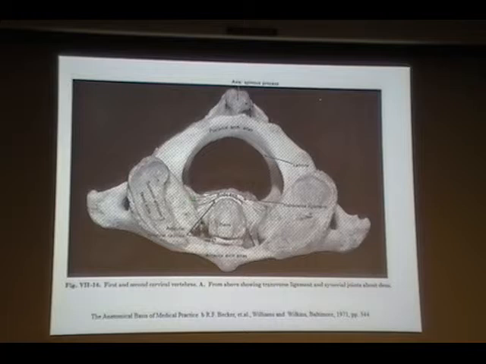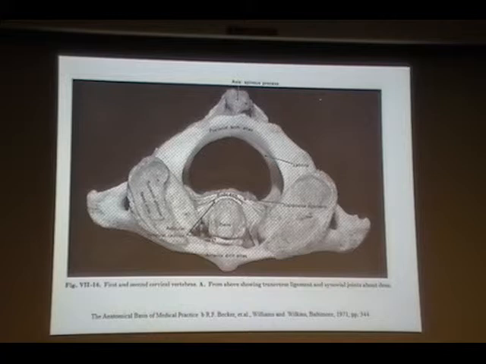And then we have this transverse portion of the cruciate ligament crossing from one side of C1 to the other side of C1 inside the vertebral canal, and holding the dens to the anterior arch of the first cervical vertebrae. Now you notice what they've also drawn in here. These are actually synovial cavities or bursa. Okay? This articulation is a synovial articulation, just like your elbow, your shoulder, your knee, your thigh.